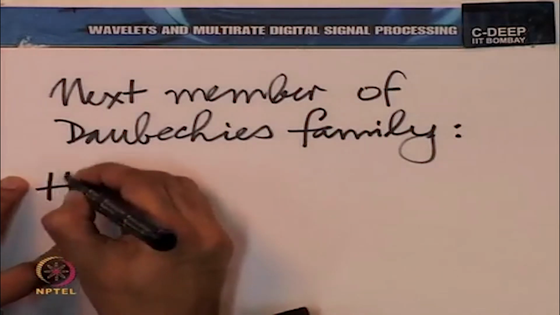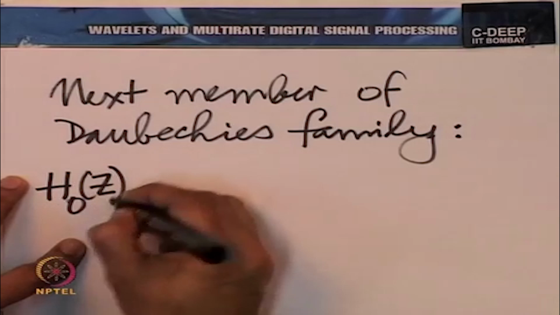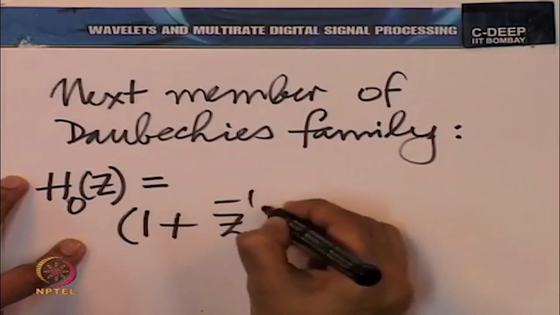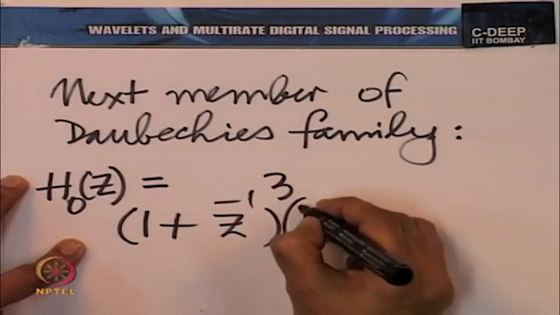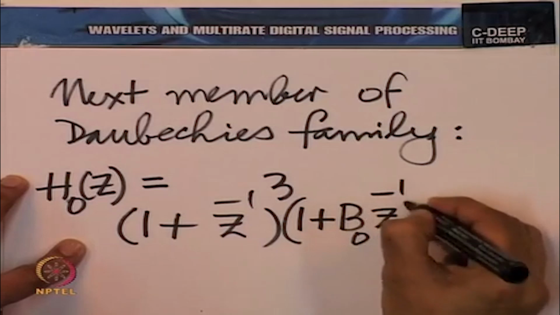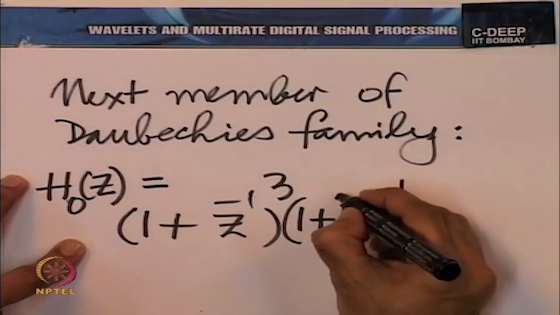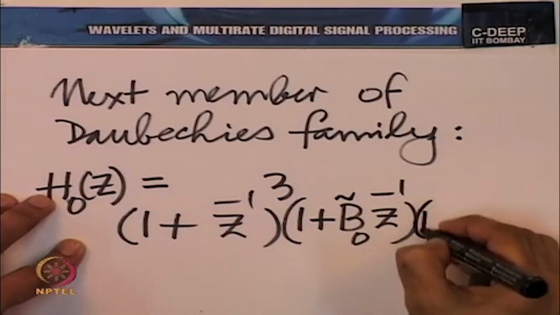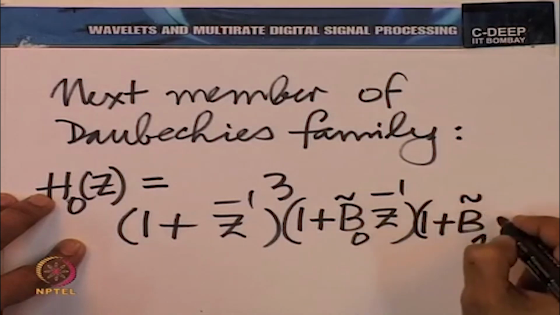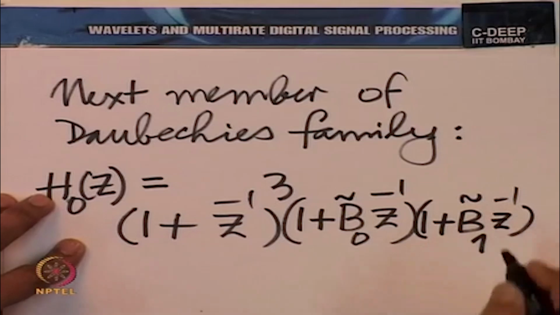Essentially, take H 0 z to be of the following form: 1 plus z inverse the whole cubed, and there would be 2 more degrees of freedom now, times B 0 tilde, if you like, just to distinguish it from the B 0 that we have calculated here, plus B 1 tilde z inverse.